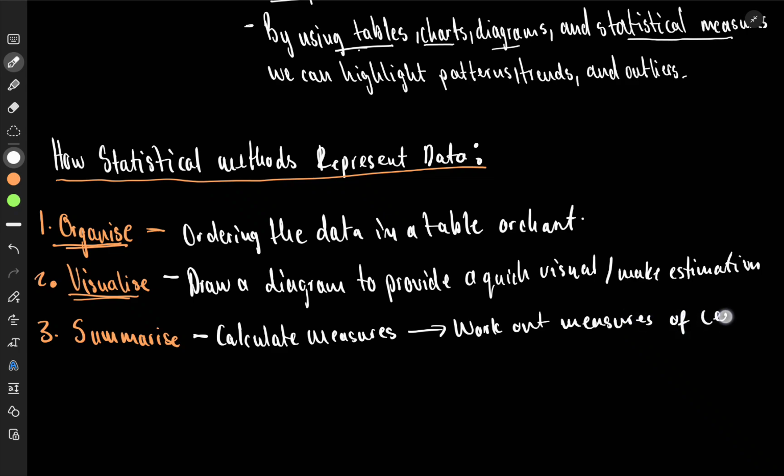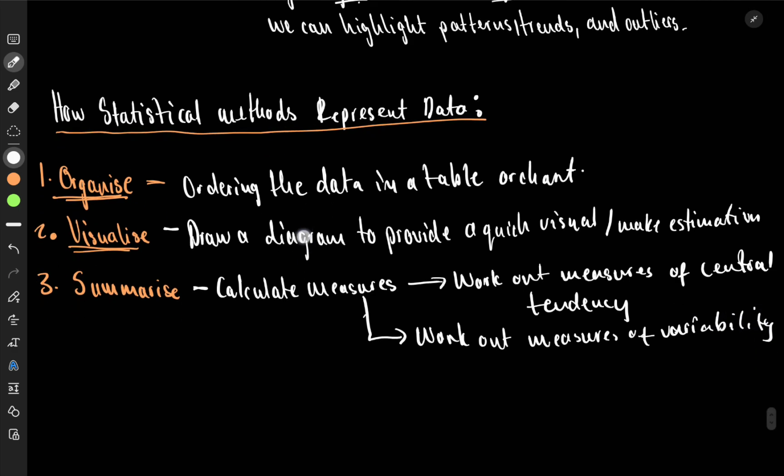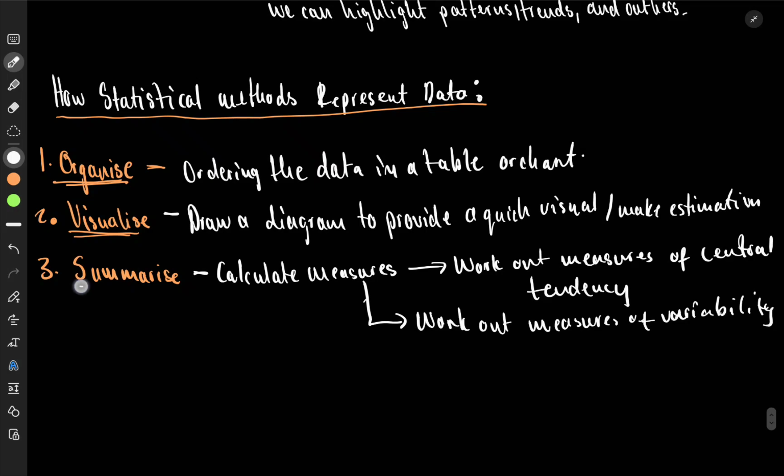Then after working out measures of central tendency, then you work out measures of variability or spread, the variance, standard deviation, and stuff. That's how you summarize your data, to calculate the measures.